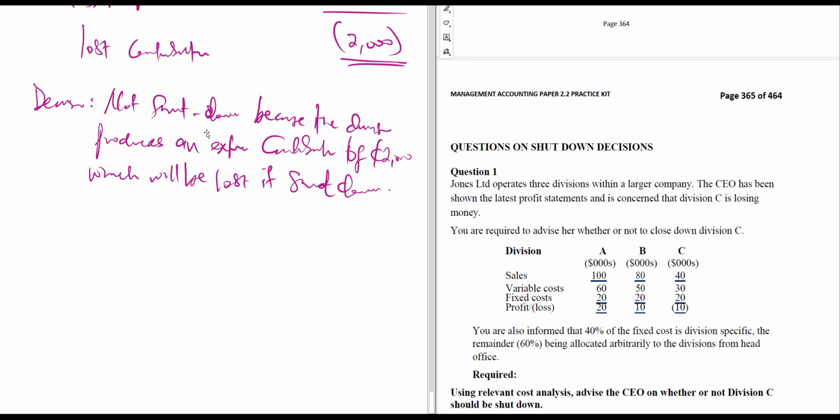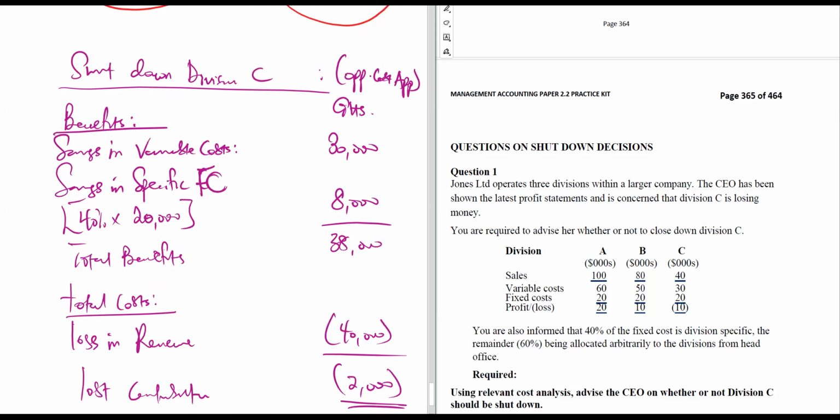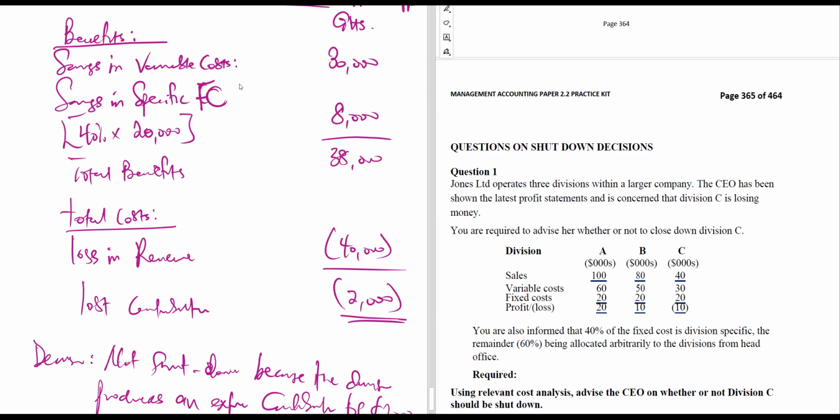Do you understand this, right? We did that at home, you can use the same. It doesn't really matter because there's only one division you are trying to see whether it should shut down.